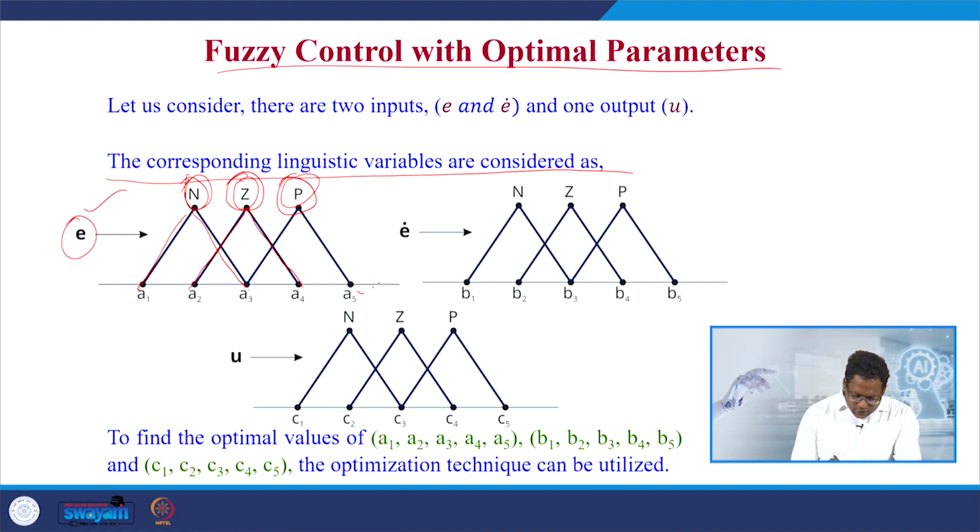Now, these values for each triangular membership function must be optimal. That is the objective here.